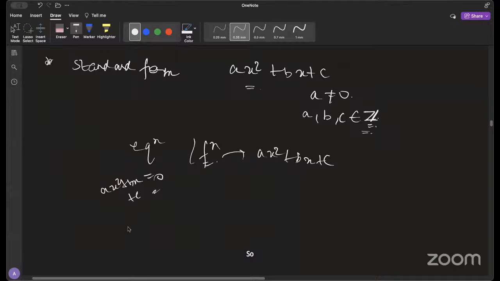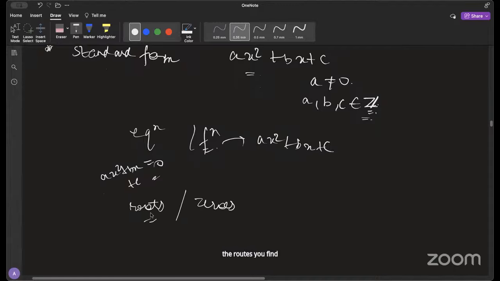Now we'll discuss zeros and roots. If you've been given an equation, the solutions of that are called roots. And if you have been given a function, then the solutions are called zeros.